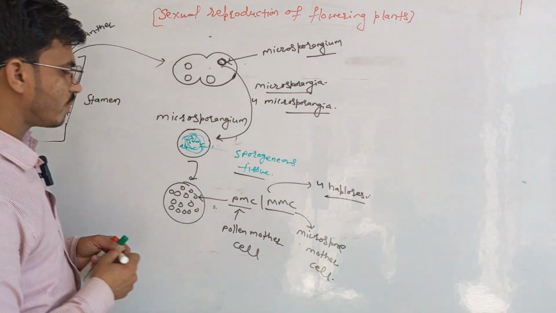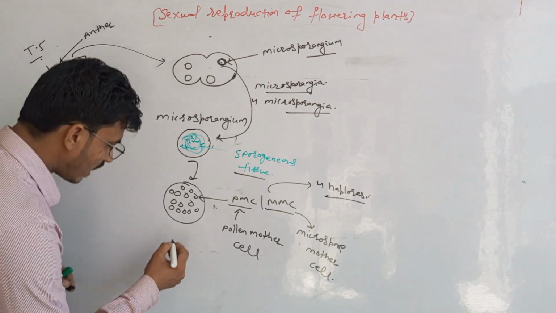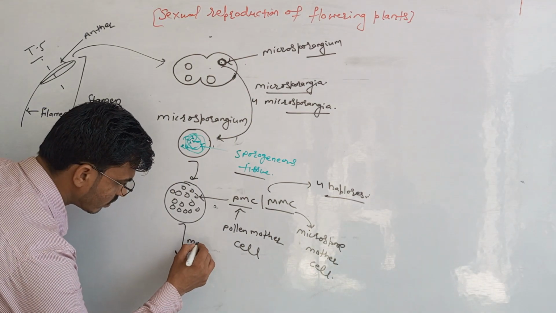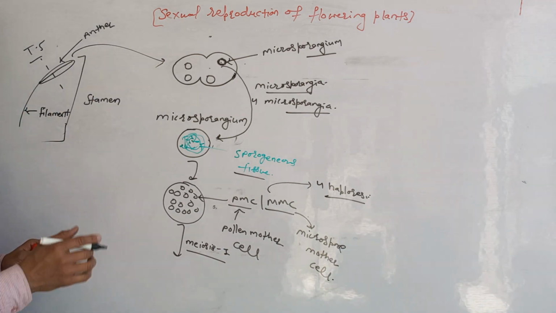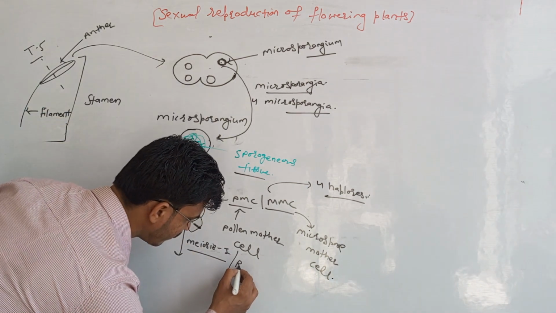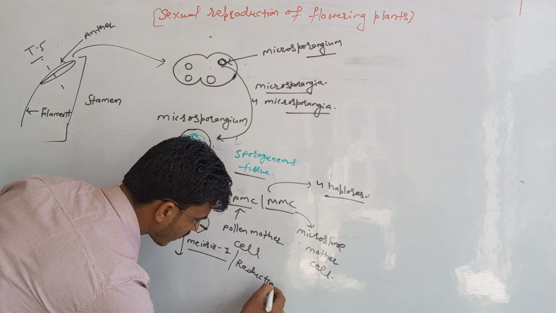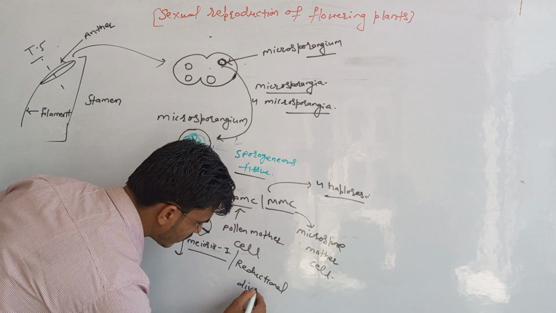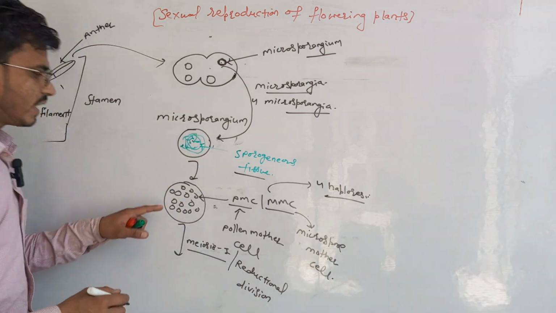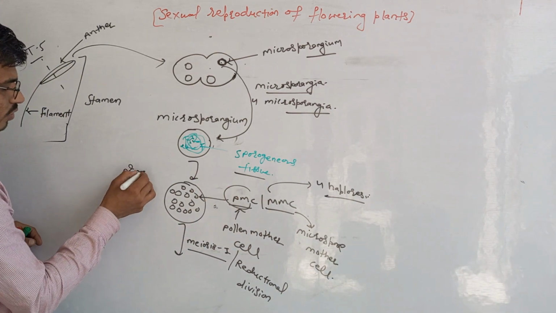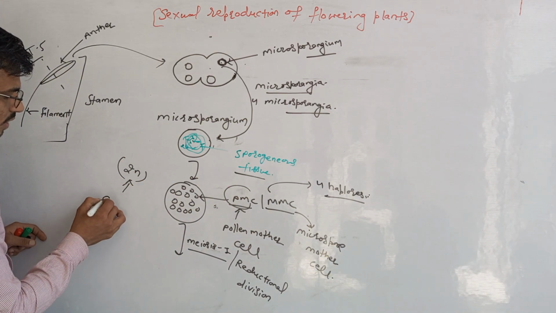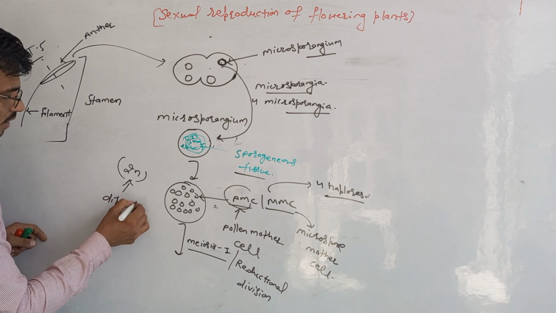Sporogenous tissue consists of PMC and MMC. After meiosis, first of all, we take an example of meiosis 1. Meiosis 1 is the reductional division. Here the ploidy of PMC or MMC is 2n, a diploid cell.